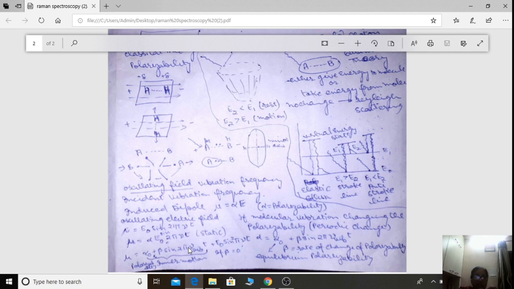That is the Rayleigh scattering. If beta is positive or negative, it depends; the Stokes lines and anti-Stokes lines are due to the only factor responsible for it, beta, that is polarizability.